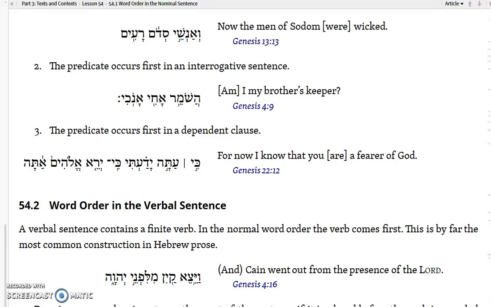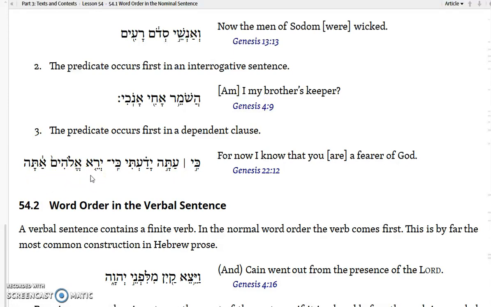And then number 3, the predicate occurs first in a dependent clause. Genesis 22 verse 12, Ki ata yadati ki yireh Elohim ata. For now I know that a fearer of God are you. And we'd smooth that out.